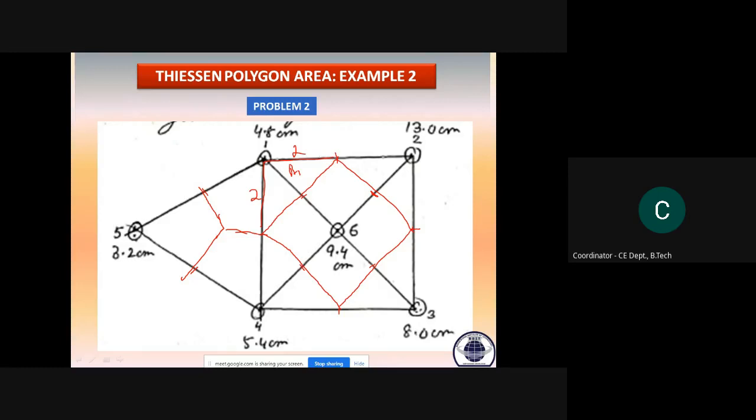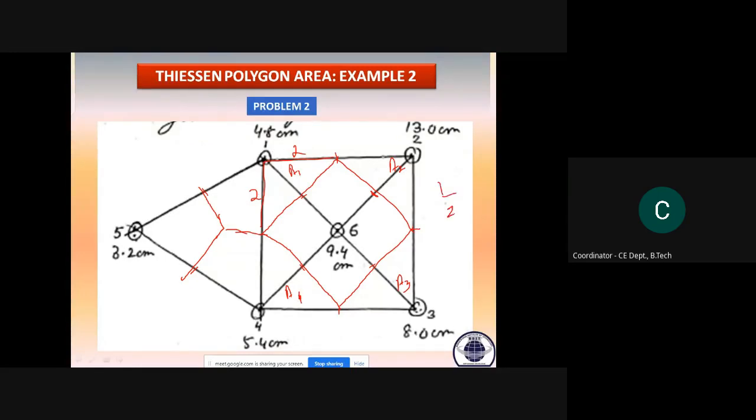So the Thyssen polygon area for this point 1 will be the area of this triangle. For point 2, the area of this triangle. Point 3, this triangle, and this. And as we said that A1, A2, A3 and A4 will be same. So half into base into height, right?